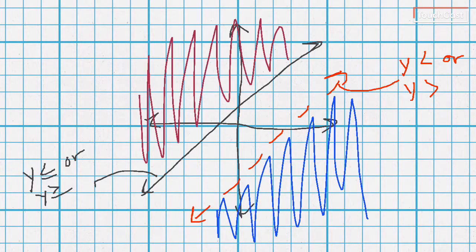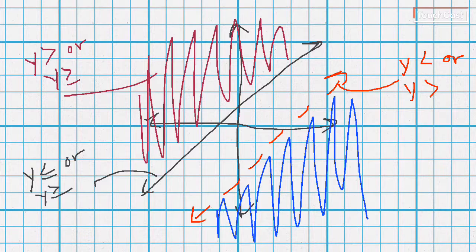Then we also have here in this maroon color some shading that I did. When I shade above my line, that means I have an inequality where y is greater than or y is greater than or equal to, because those are the values that are greater than that line.